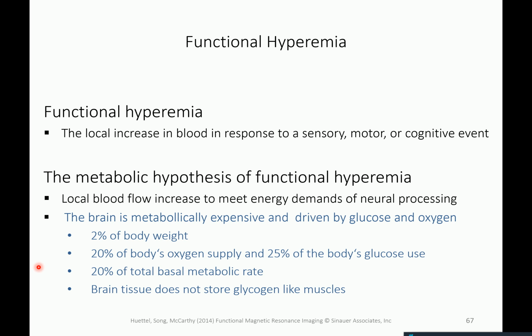So because it can't store energy, it makes sense that if it now increases energy demands, it requires more energy, and that at least there is some mechanism that leads to an increase in the blood supply. So again, functional hyperemia, meaning increase in blood flow in a local area due to some function, some neural processing; metabolic hypothesis, saying this happens because this area needs some energy, and energy needs to be supplied.